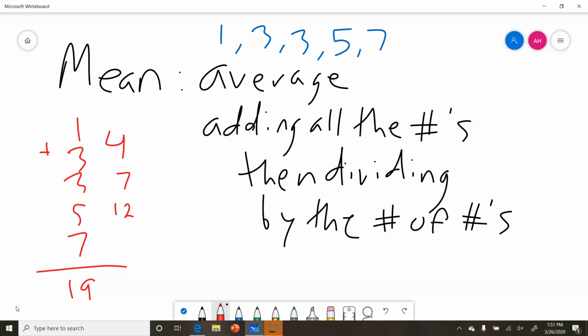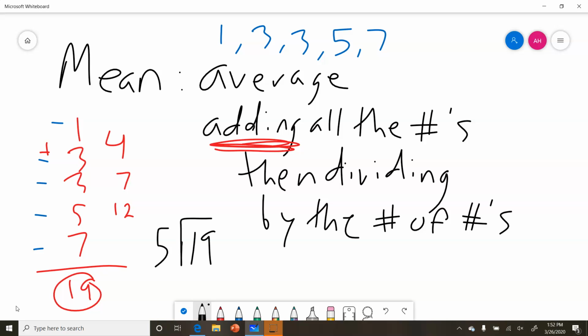So that was what we did when we added all of them together. We got 19. Okay, now we have to divide by the number of numbers. How many numbers are there? There's 1, 2, 3, 4, 5. So we would do 19 divided by 5. You can do that by hand or on your calculator. It's going to be 3 times with 4 over, so 3 and 4 over 5.